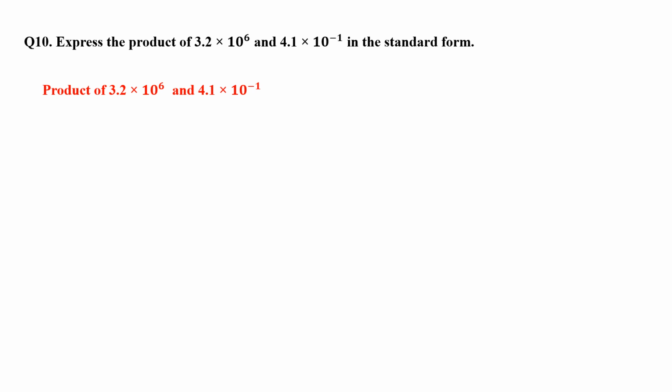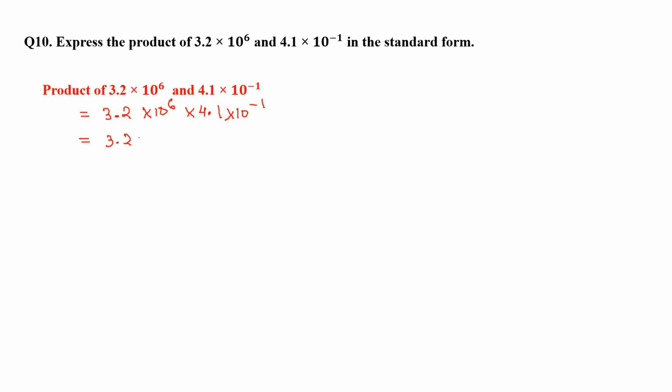So let's see. First you have to find the product of this. So 3.2 into 10 to the power 6 into 4.1 into 10 to the power minus 1, right? Now I'm going to just arrange it.